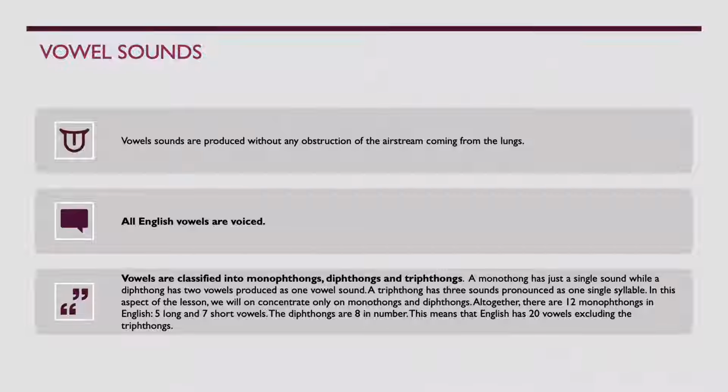The diphthongs are 8 in number, and this means that the English language has 20 vowels, excluding triphthongs that we are not talking about in this aspect of the course.